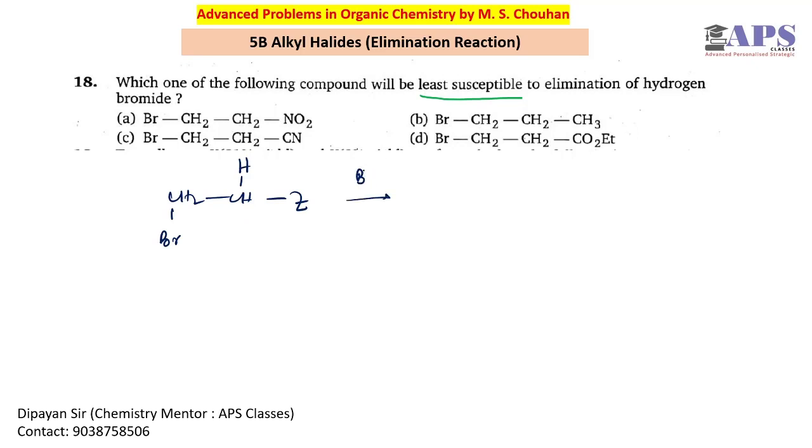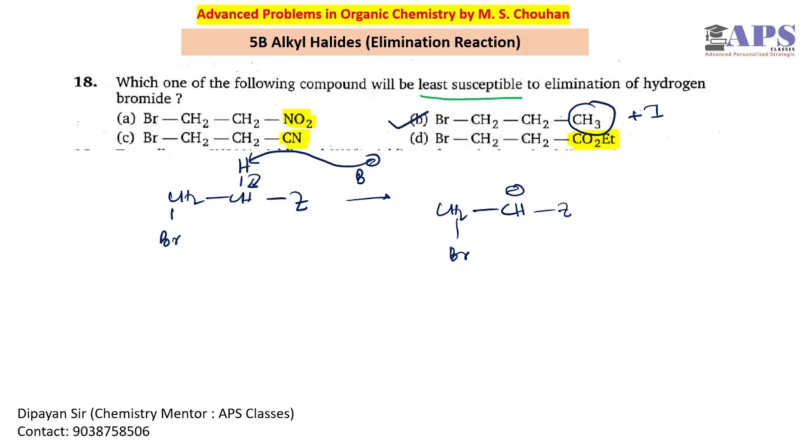If B minus abstracts this hydrogen, initially a carbanionic type of intermediate is formed. Looking at the functional groups, NO2 can stabilize the carbanion, CN can stabilize the carbanion, and C double bond O can stabilize the carbanion, but the CH3 group will show a plus I effect which can destabilize the carbanion. So option B is the correct option for this.